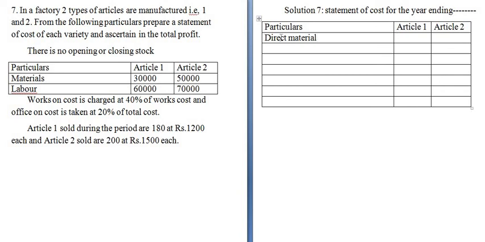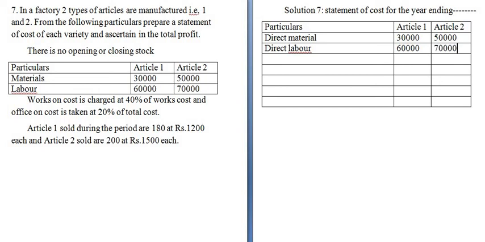Now for article 1 it is 30,000. For article 2 it is 50,000. Next is direct labor. Direct labor for article 1 is 60,000, article 2 it is 70,000.